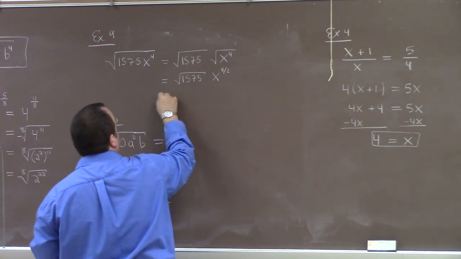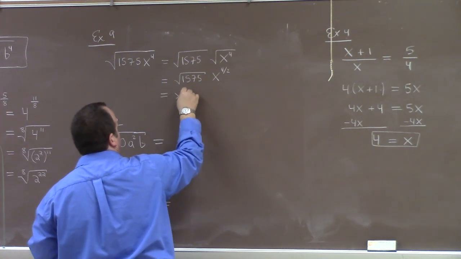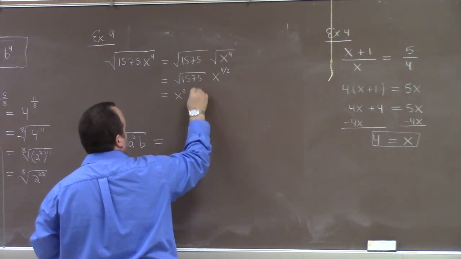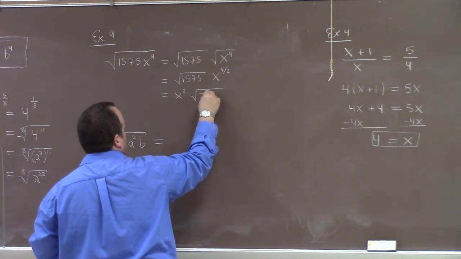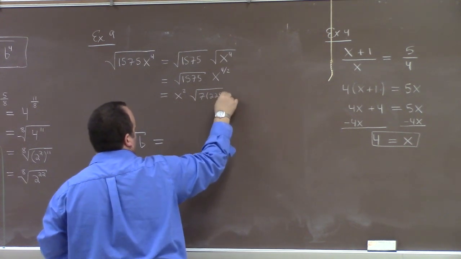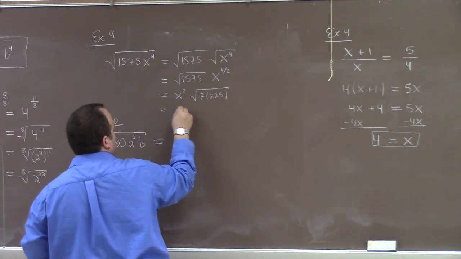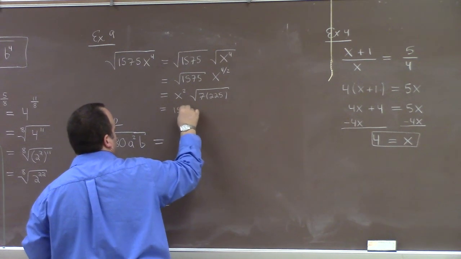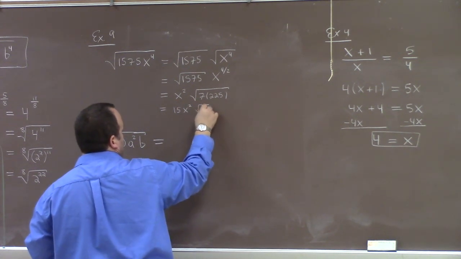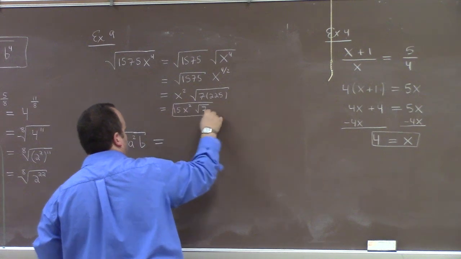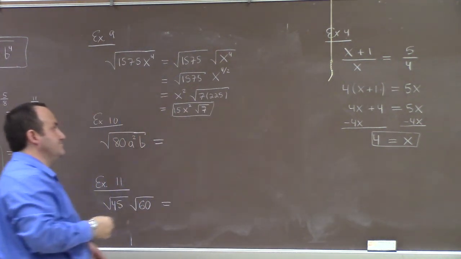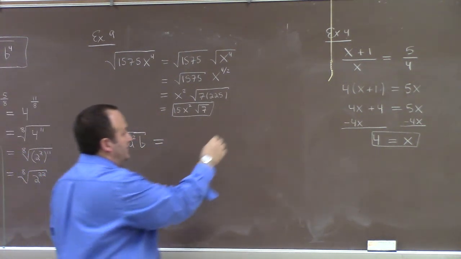In other words, we've got x squared times whatever this number is. Well, that's the square root of 7 times 225. So you could rewrite that as 15 x squared times the square root of 7 for what it's worth, because 225 is 15 squared.